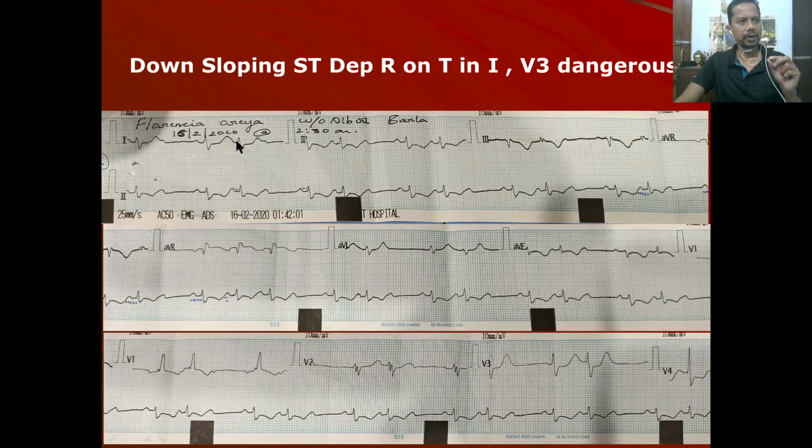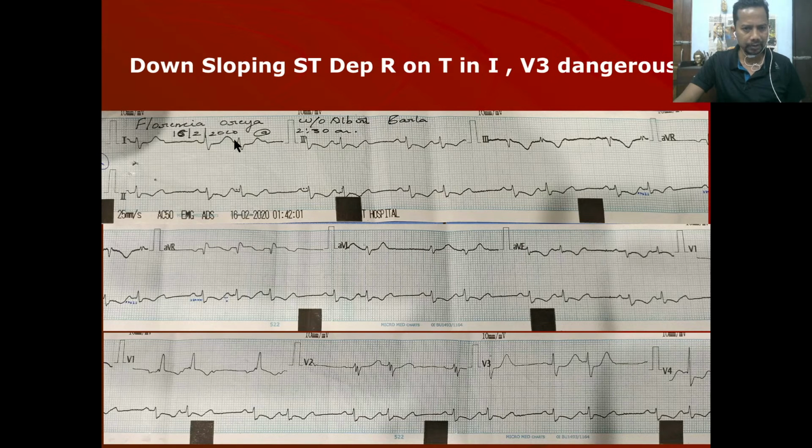R on T is a very serious event in the electrical activity of the heart, and you have to pick it up, because this can start a very fatal ventricular tachycardia. That impulse is happening when the myocardium is totally vulnerable and suddenly a VT starts.